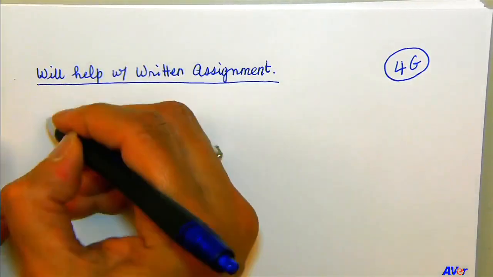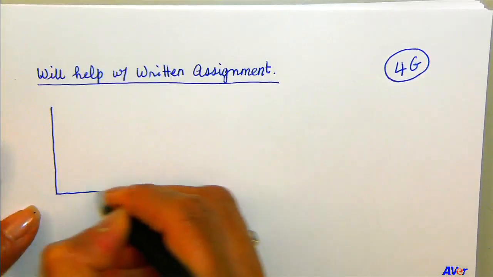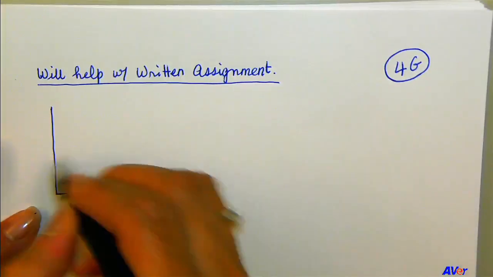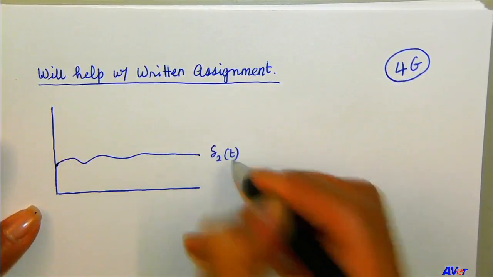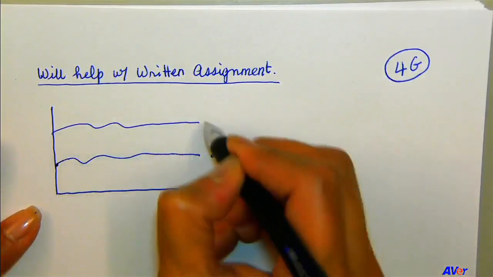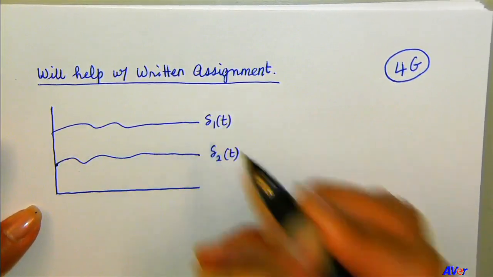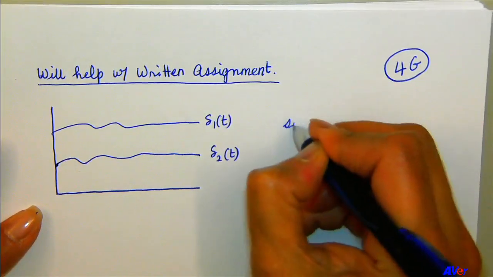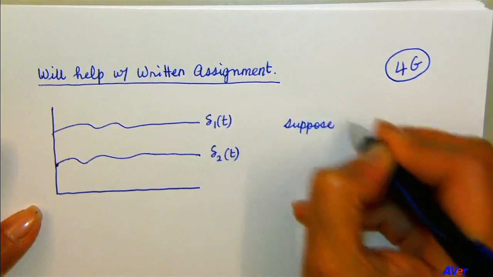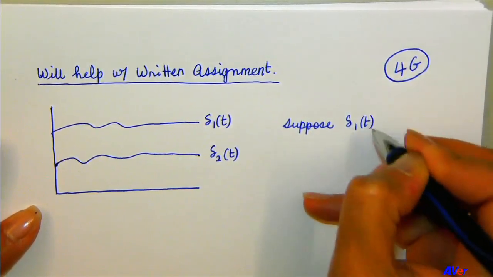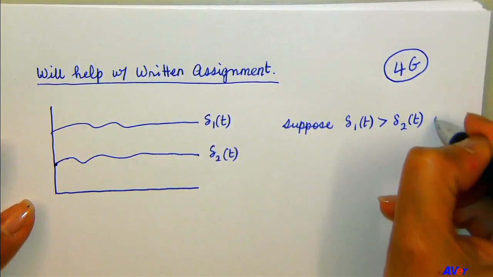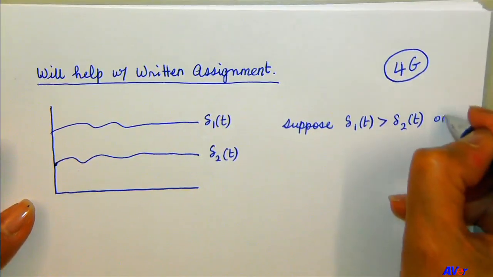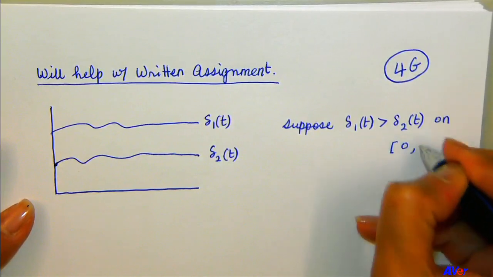So let's say that you have two delta of t functions. I have delta 2 of t and delta 1 of t. Suppose delta 1 of t is greater than delta 2 of t on some interval from 0 to t.